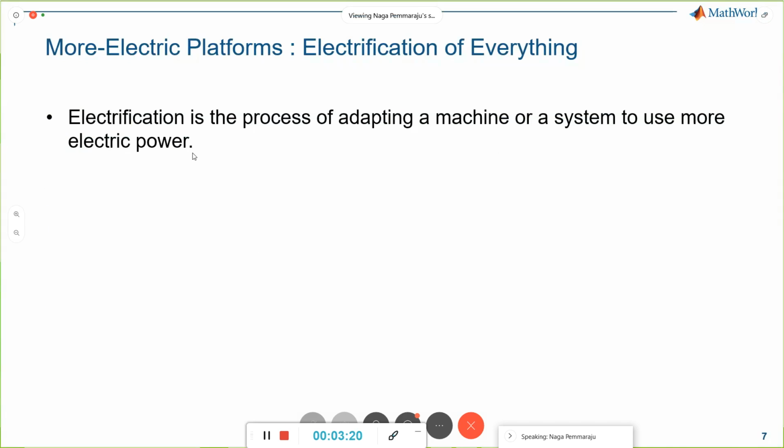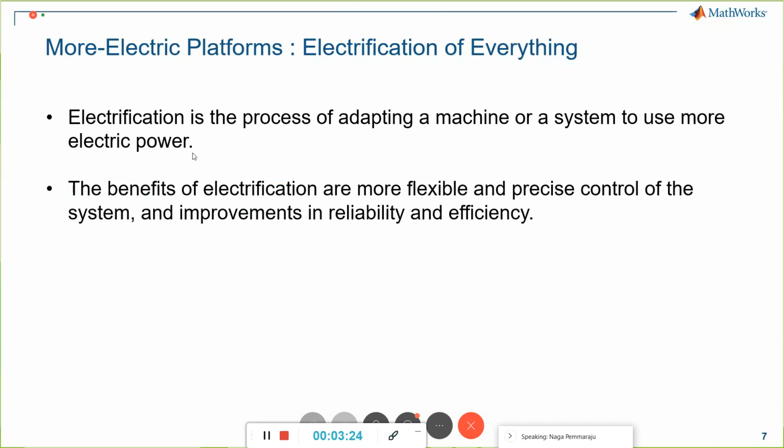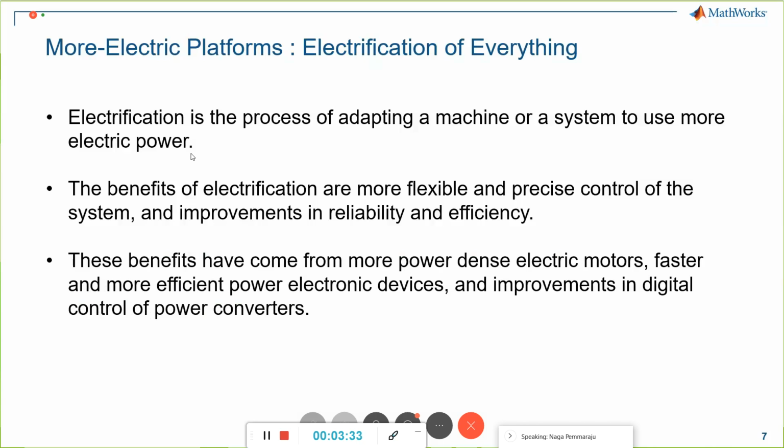There are a lot of advantages of going electric, because it improves efficiency and reliability. You can easily control your system, and of course there are a lot of other benefits, like the efficiency of the power electronic devices and the digital controller, which helps you do the power controls for the power converters.